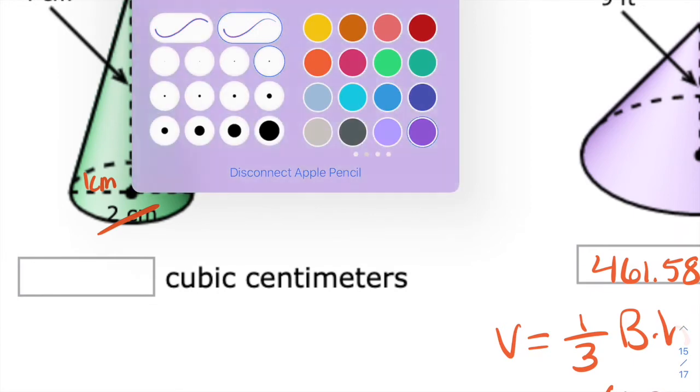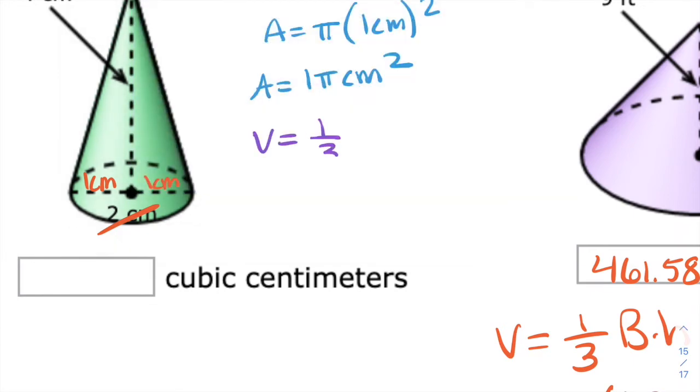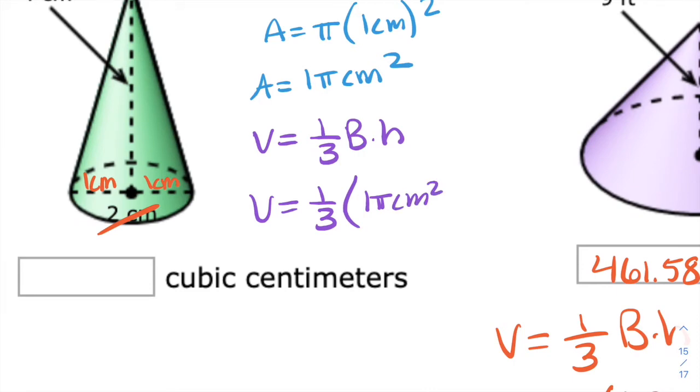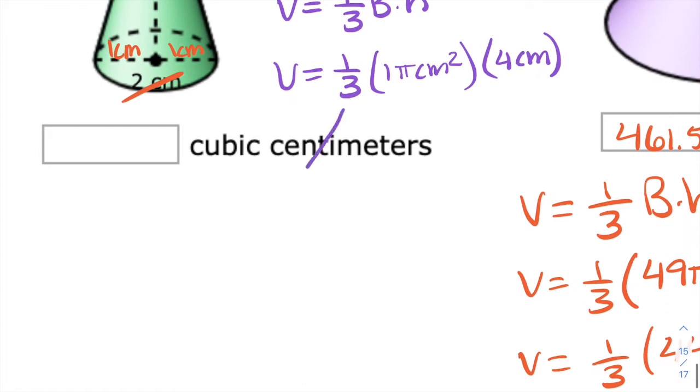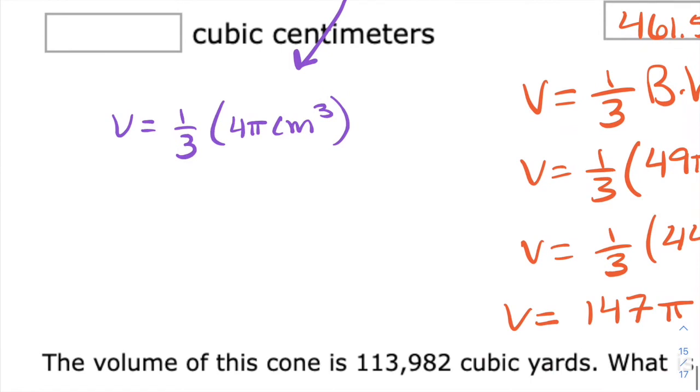Volume is 1/3 base times height. So volume is 1/3 times 1 pi centimeters squared times a height of 4 centimeters. So volume is 1/3 times 4 pi centimeters cubed. What we're going to do is 1 times 4 times pi. So 4 times 3.14.